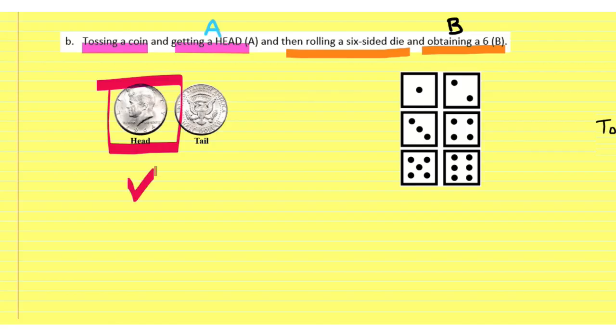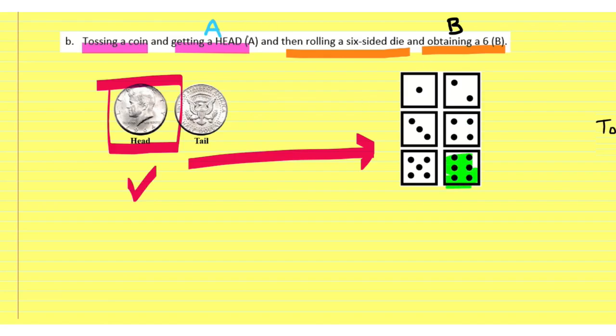Does it have anything to do with that six-sided die? No, there is literally nothing that flipping this coin has to do with rolling this die. So over here, I'm going to roll the die and I'm going to get a 6.